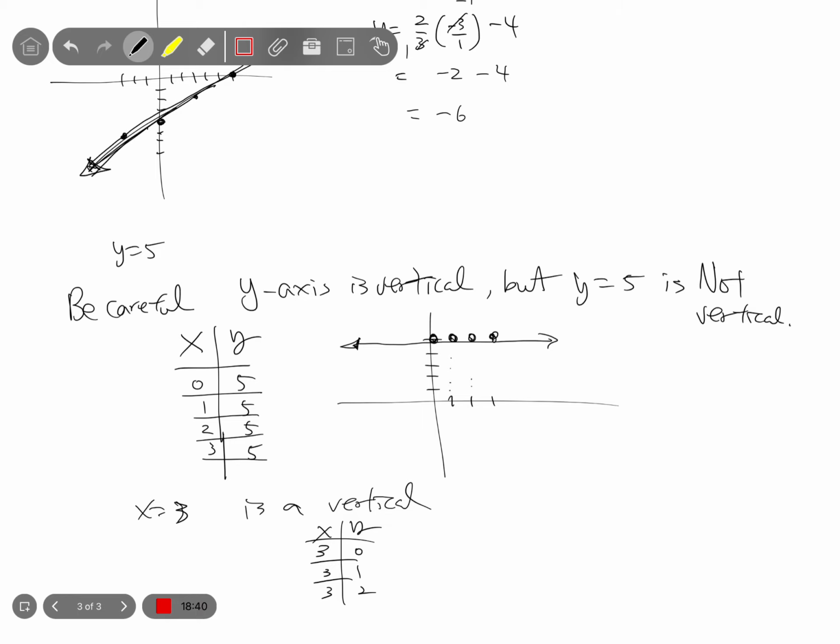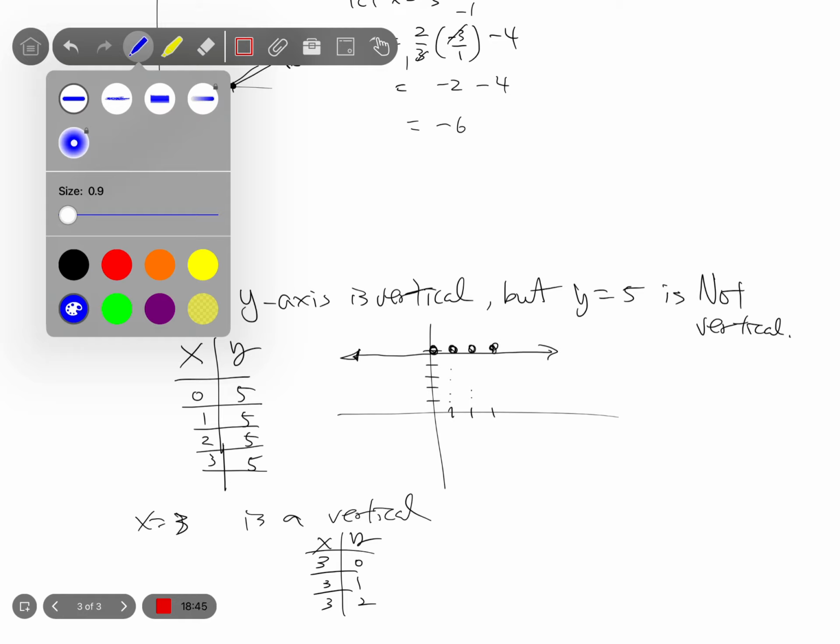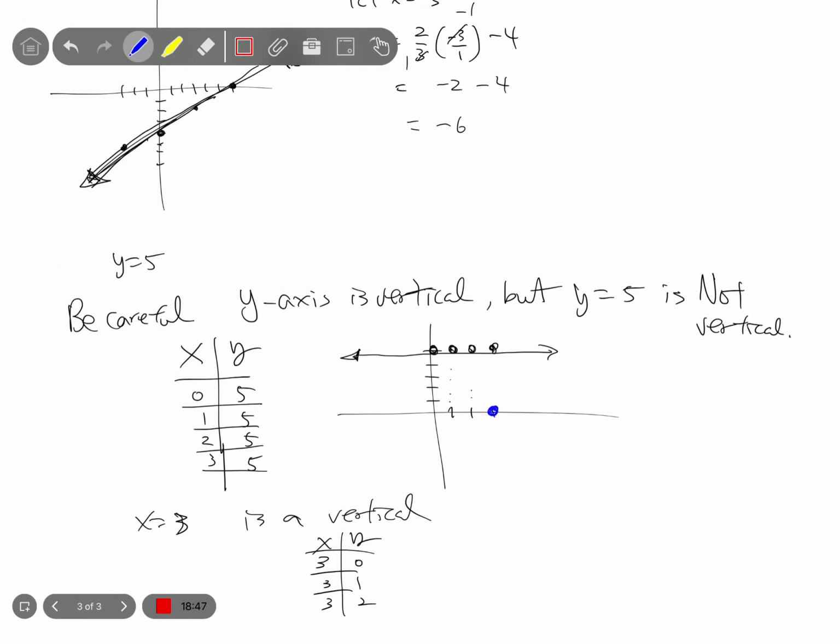And if you do that, you get 3, 0; 3, 1; and 3, 2. So be very careful, right? y equal to 5 is a horizontal line, and x equal to 3 is a vertical line.